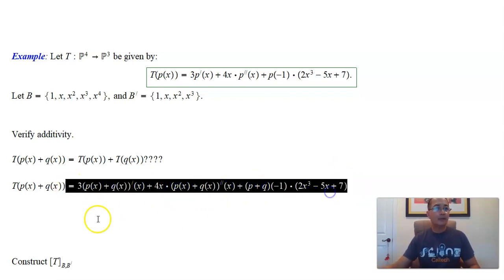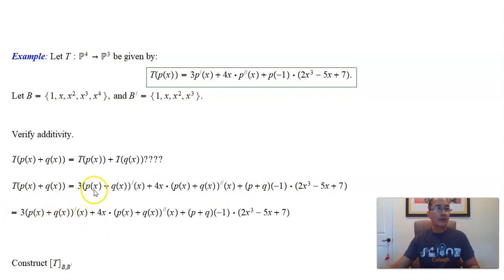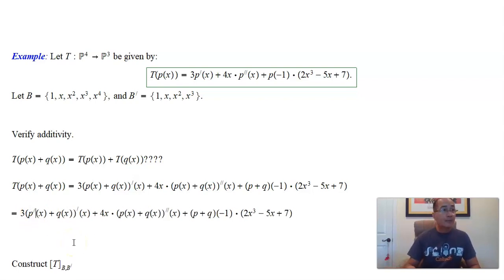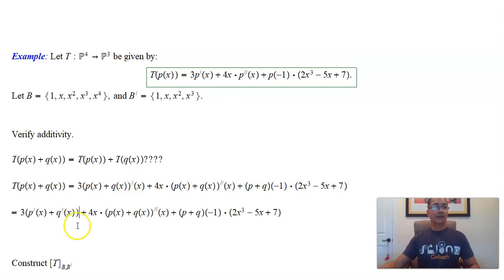So what do we know about derivatives? If you want P plus Q prime, it's the same thing as P prime plus Q prime. Okay, so why don't we put the primes up here? There you go. And we can now erase that. Okay, so 3 times P prime plus Q prime.